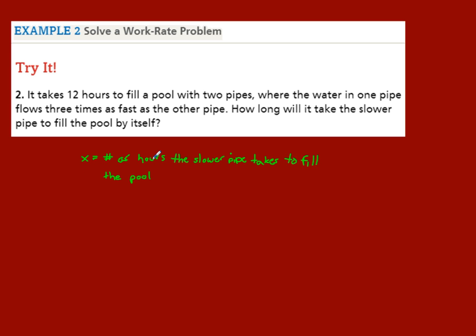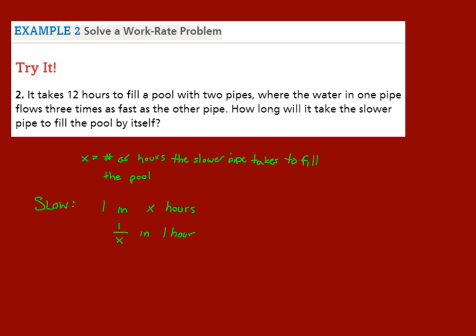So we know that the slow pipe can fill one pool in a certain amount of hours. Let me rephrase that. It could fill one pool in x hours, the slow pipe. Another way to say that is it can fill 1 over x of the pool in 1 hour.